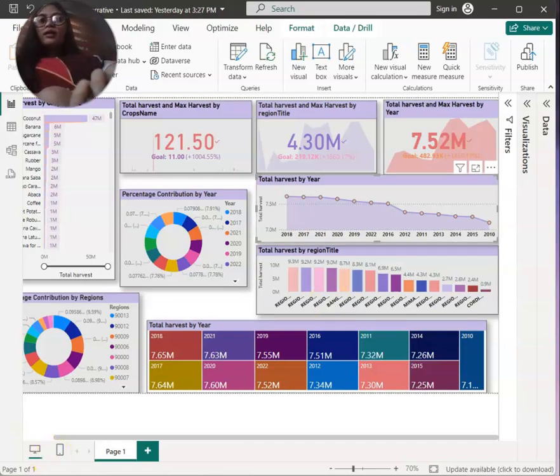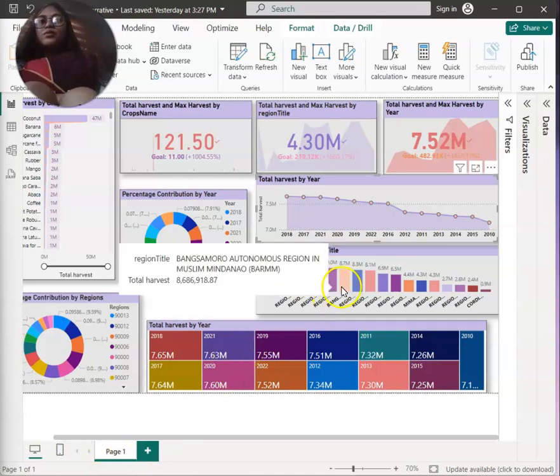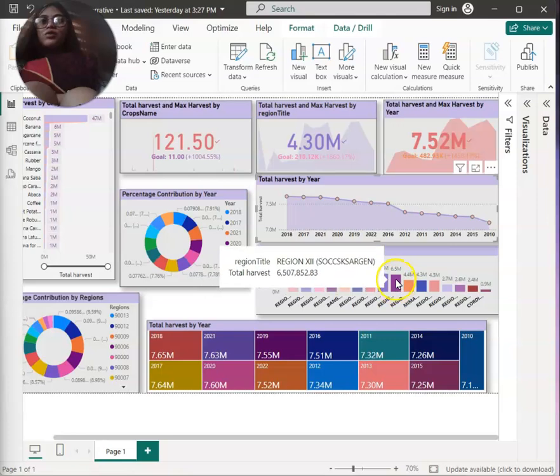And next one is the total harvest by region. The bar chart reveals significant regional disparities in agricultural productivity. Davao region, Region 11, and Region 10, Northern Mindanao, stand out as top contributors with harvest exceeding 9 million units.